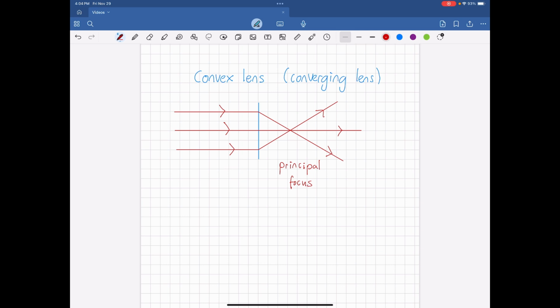The length from the lens to that point is often referred to as the focal length. So the focal length would be the distance from the lens to the point where they have converged. And that is often written with the symbol F.